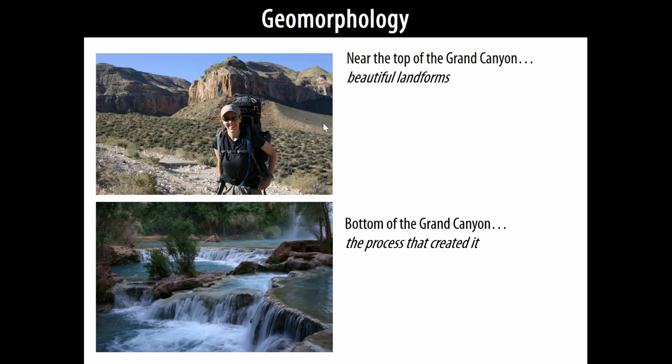You see the river that carved it, and it's beautiful, and you're in this arid landscape, and you really get a sense of that slow process of rivers wearing away the sedimentary rocks that comprise this landscape. It's a beautiful connection between landforms and processes, and that's what we're going to be doing all semester long.